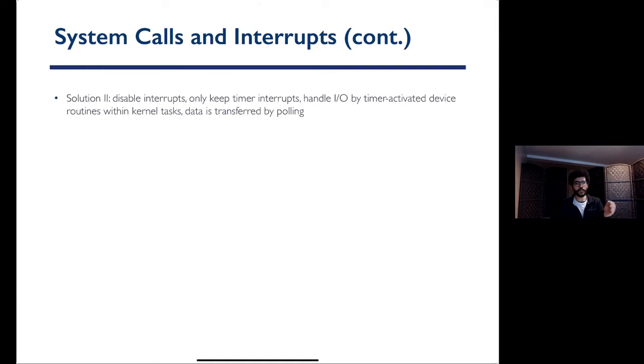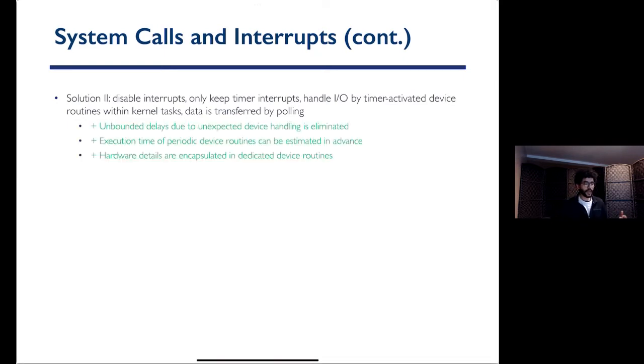And then once I'm done, I go do some work, and then another 50 milliseconds later, I'm going to do it again. Talk to device 1, 2, 3, 4, 5, 6, see if they have anything new that I need to handle, right? So in solution number 2, we keep this good thing because we don't have interrupt handling. So we don't need to deal with unpredictability.